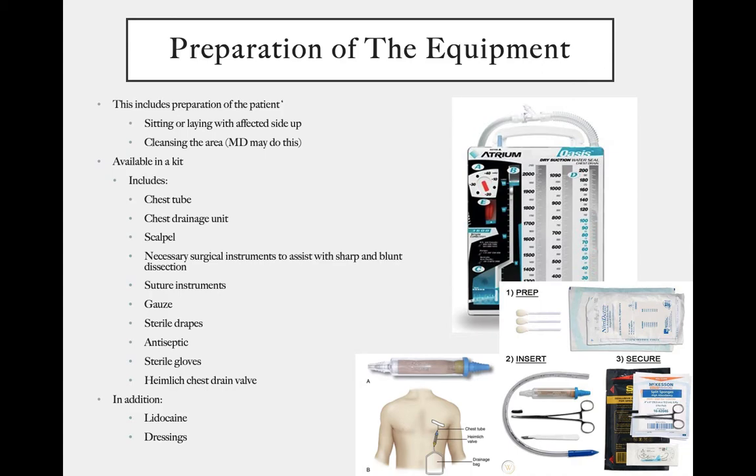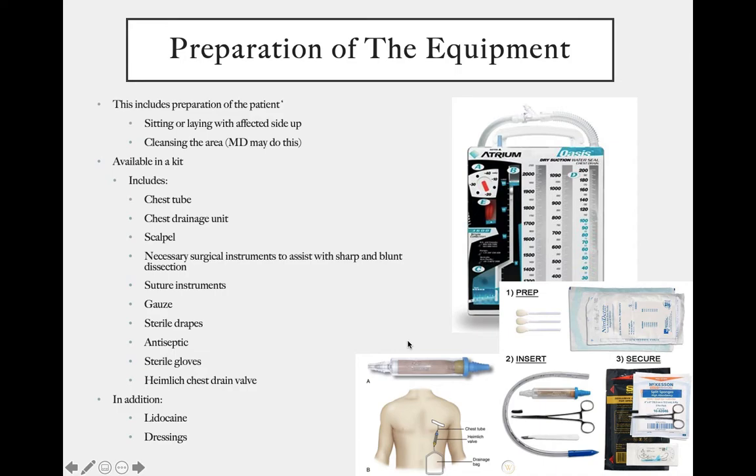So this kit will have a chest tube with probably like a standard size chest tube. They may need a different one depending on the patient size. They will also have the chest drainage unit, a scalpel, the necessary surgical instruments to assist in sharp and blunt dissection, so to get down into that pleural cavity, suture instruments to secure the chest tube to prevent it from moving, gauze, sterile drapes, antiseptic, sterile gloves, and possibly a Heimlich chest drain valve, which is this right here.